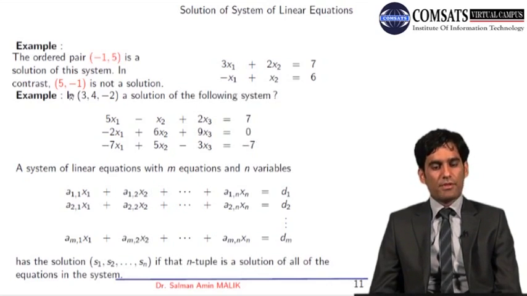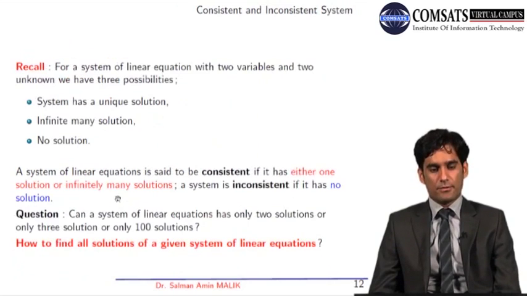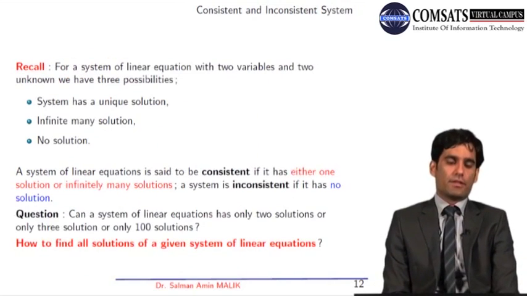As we checked in the previous examples, we call it a solution of a system of linear equations if all the equations are satisfied whenever we put the values of x1, x2, and so on into each equation of the system. So this is how we define the solution of the general system of linear equations with m equations and n unknowns. Let's summarize what we have learned.